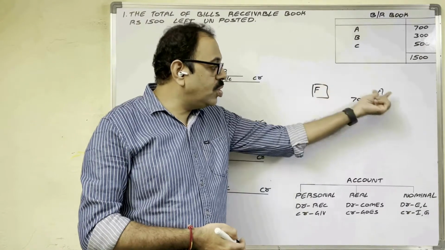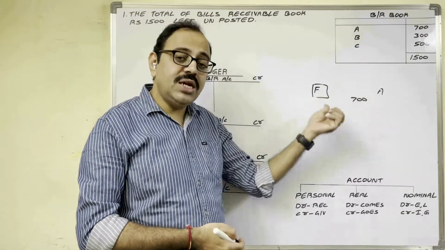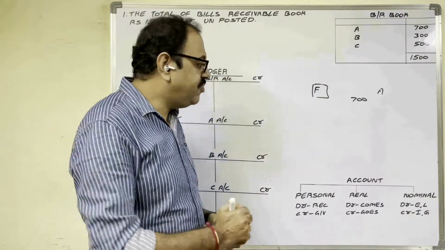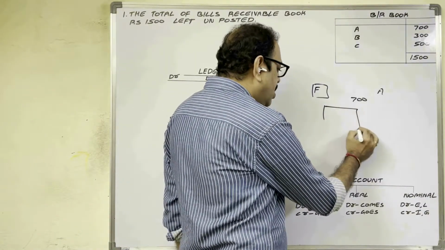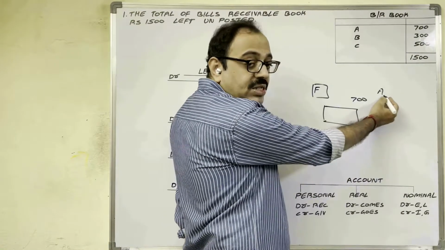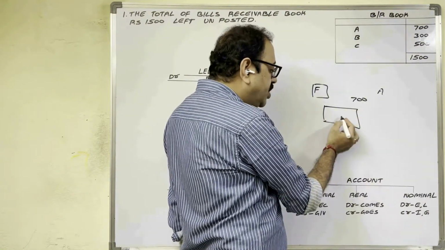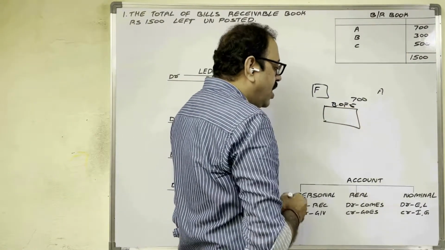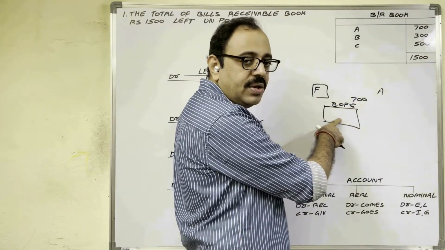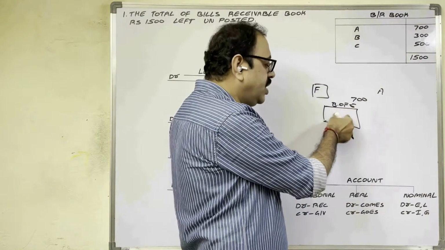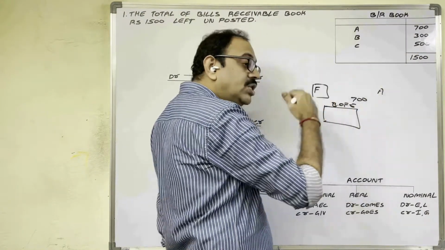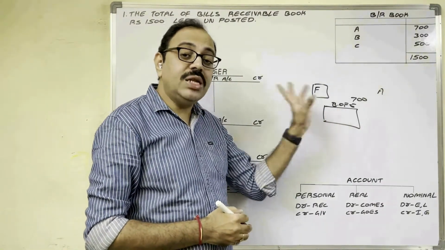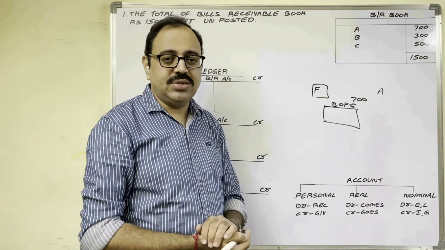As goods are sold to him on credit, he becomes a debtor to us because he is liable to the firm. Then the firm prepares that written proof and takes acceptance from the customer. This written proof is known as a bill of exchange. As the firm is preparing this bill, in future the firm is going to receive money on it. Therefore, to the firm, this document is known as bills receivable, an asset.